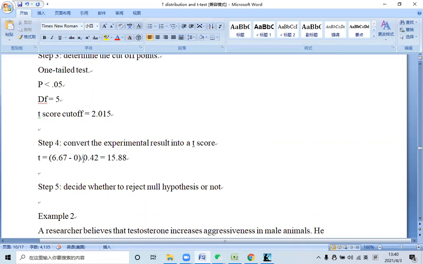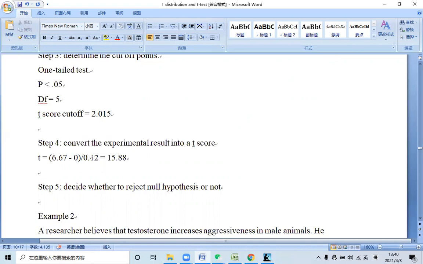What is 0? 0 is coming from the null hypothesis. According to the null hypothesis, on average, the difference between the pre-task and post-task should be 0, no difference.